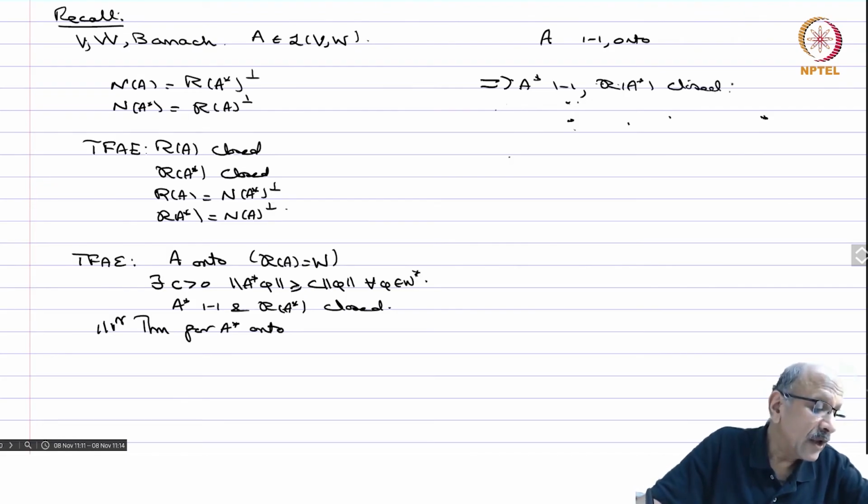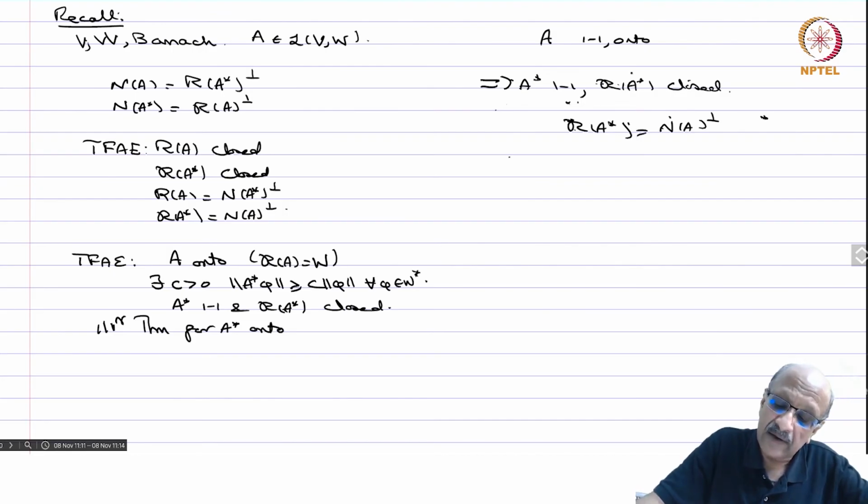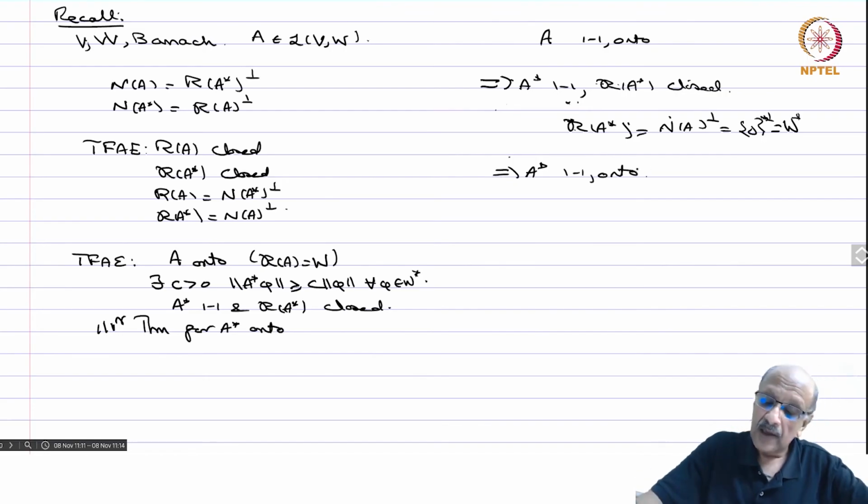Okay, so range of A star is closed, and therefore range of A star is equal to null space of A perp, but A is given to be 1 to 1, this is 0 perp, which is equal to W star. So this implies that A star is also 1 to 1 and onto and continuous, of course, and therefore it's also an isomorphism.